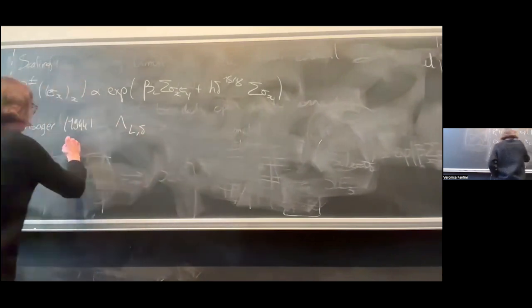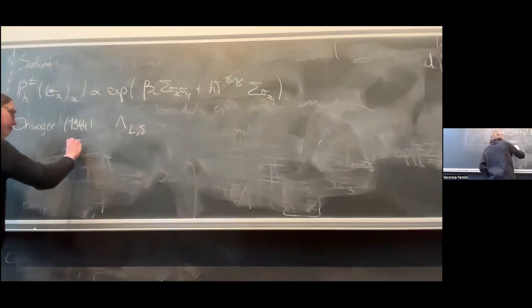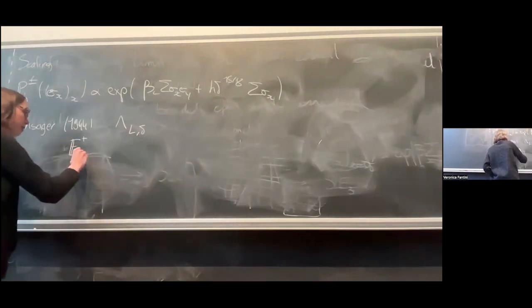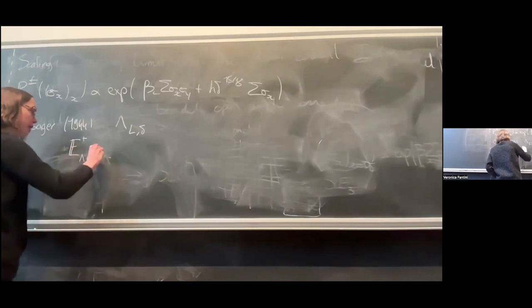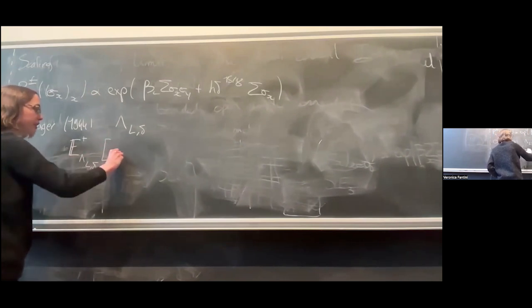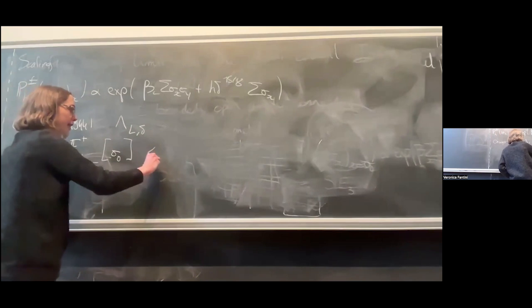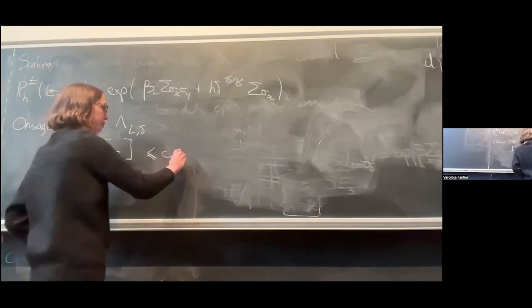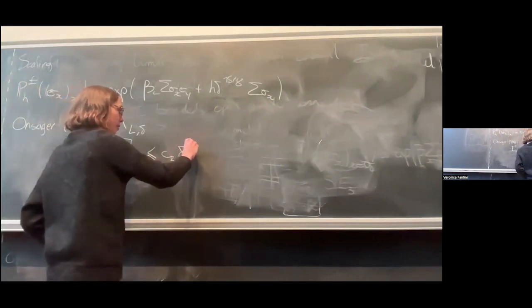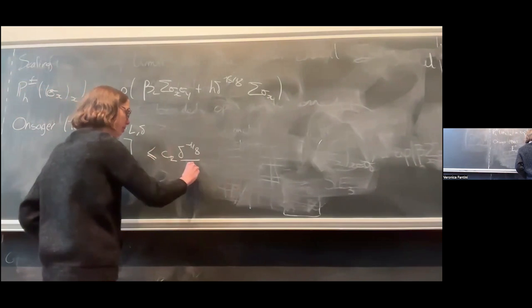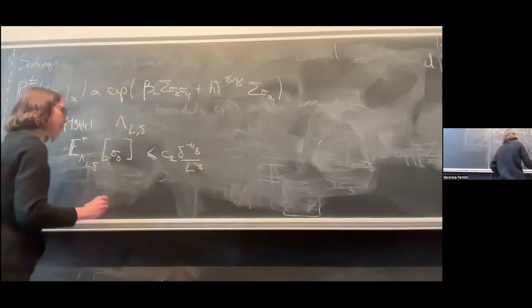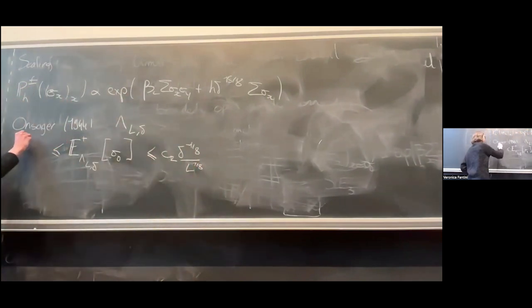If you take the Ising model with plus boundary condition in this box and look at the spin at the origin, then you can show that its expectation is bounded by two constants times delta to the power 1/8.